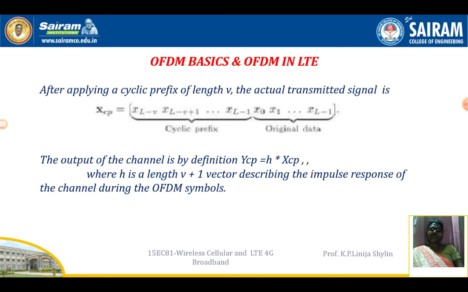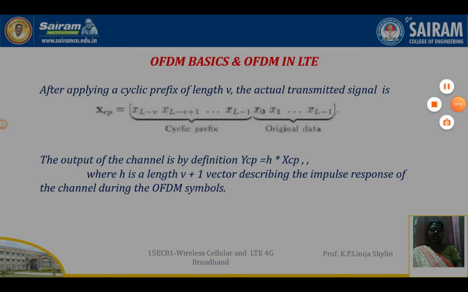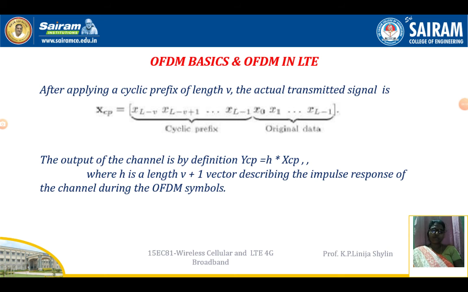Now coming to the output of the channel. The output of the channel is given by the definition, where y CP, the cyclic prefix output, is equal to H times X CP. X CP is what we get after applying the cyclic prefix of length v, the actual transmitted signal, combining the cyclic prefix code as well as the original data, as we have seen in the above expression.